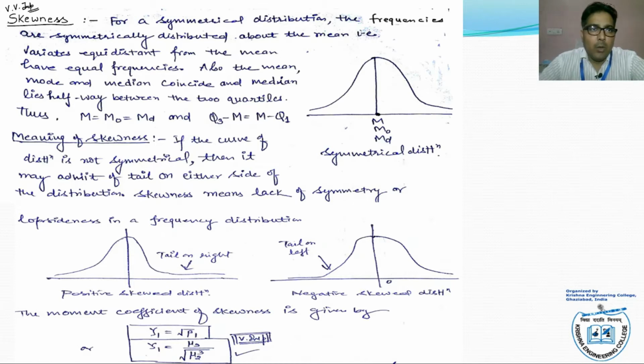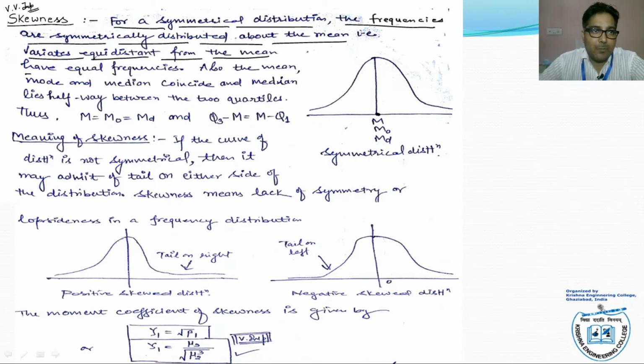For a symmetrical distribution, the frequencies are symmetrically distributed about the mean. That is, the variates equidistant from the mean have equal frequencies.